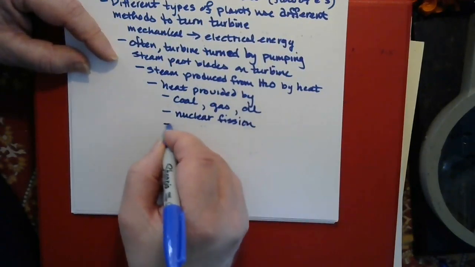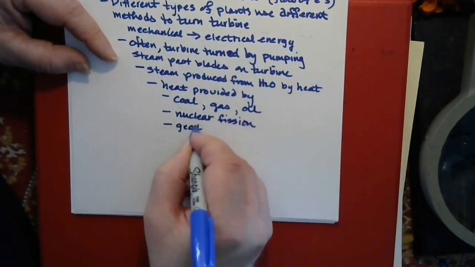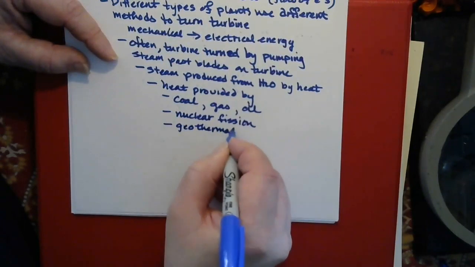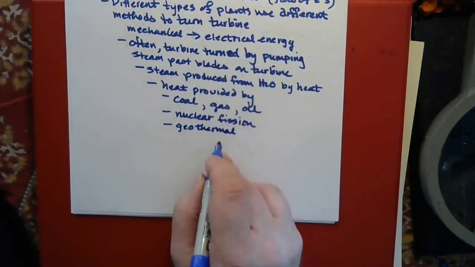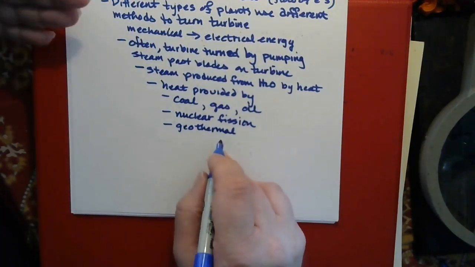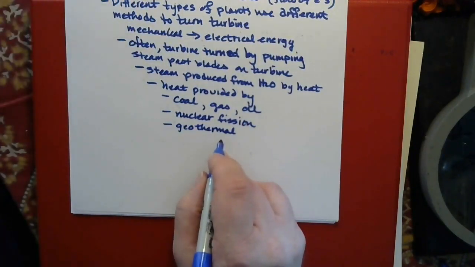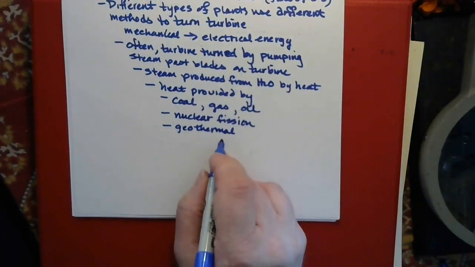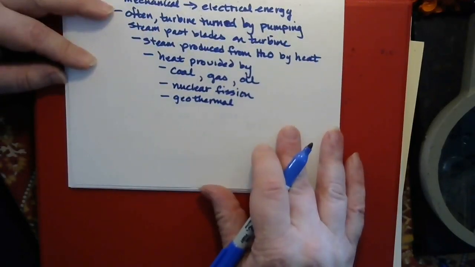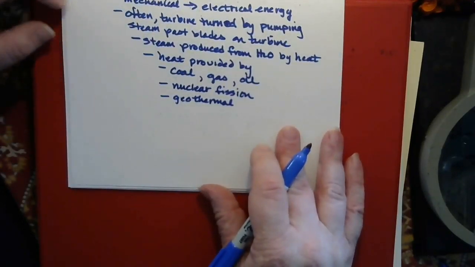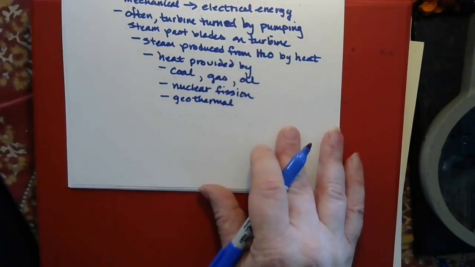There is geothermal. That is heat from the earth. Sometimes geothermal can be used in other ways, but sometimes it's used to heat up water. These are the main ways that you can produce steam.